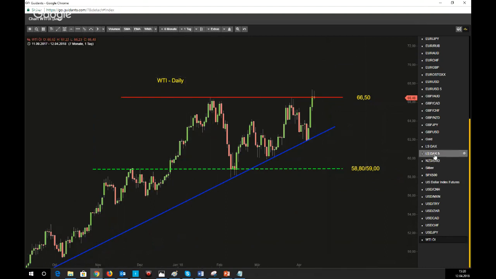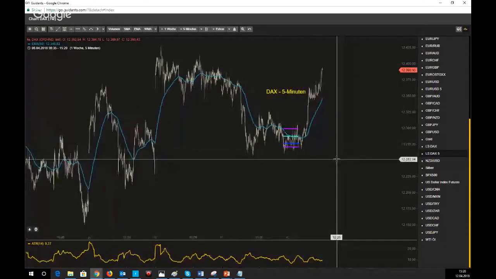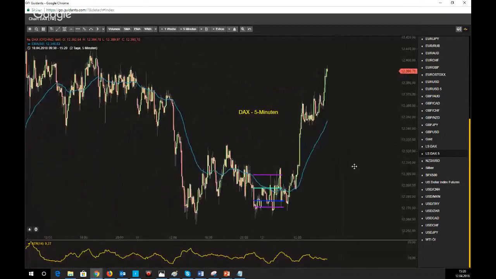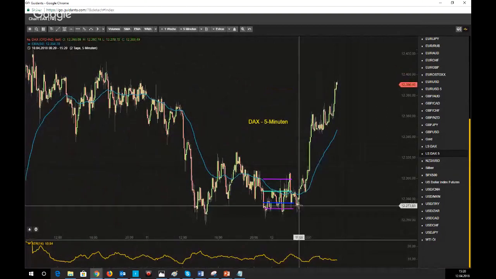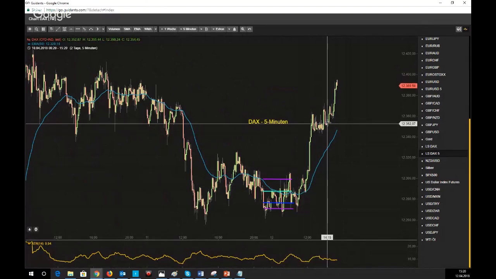Now let's come back to the equity markets. As you can see now, the market, and this is what I initially wanted to say, and I really want to be honest with you, I'm not surprised to see this price action right now.